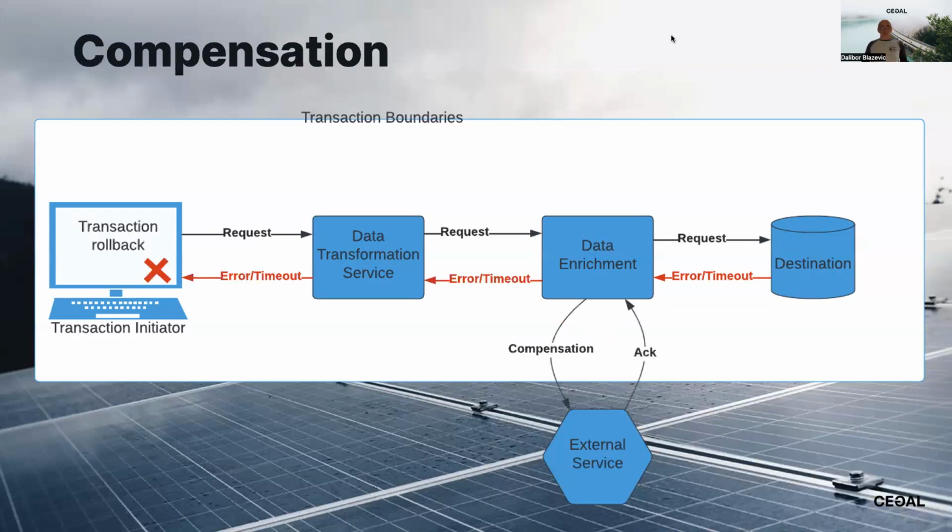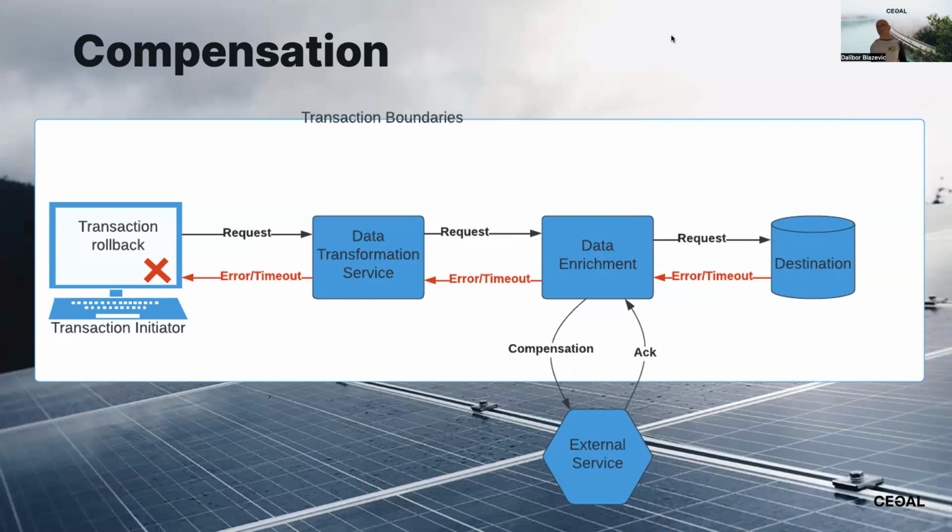The typical solution in that scenario, in the integration world, is to implement something that we call a compensation action. That means that we have to implement some form of a deletion process. So when we want to roll back an external service too, we will effectively send a delete command to that external service to delete the already committed transaction.